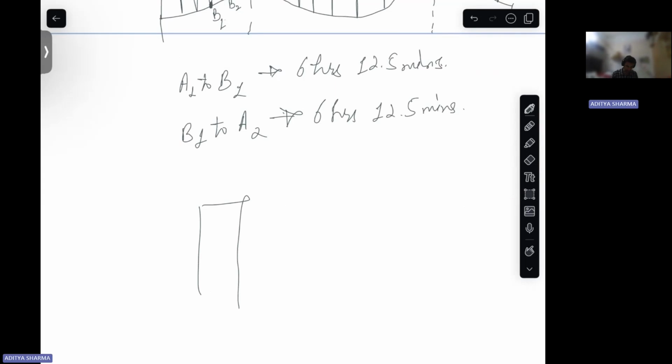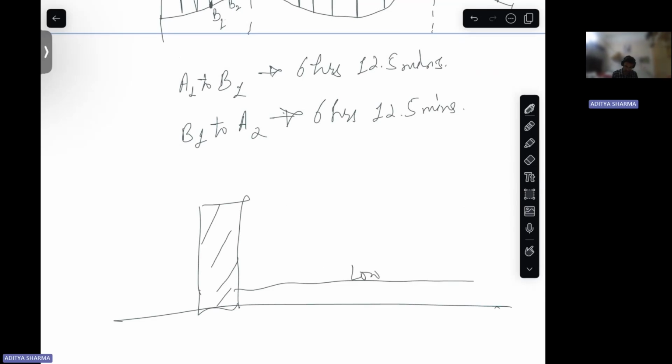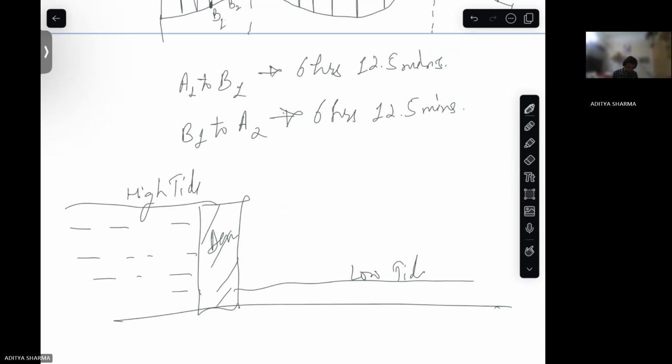Now comes the dam into the picture. So this is your low tide, this is your high tide, this is your dam. At high tide, this will get filled.